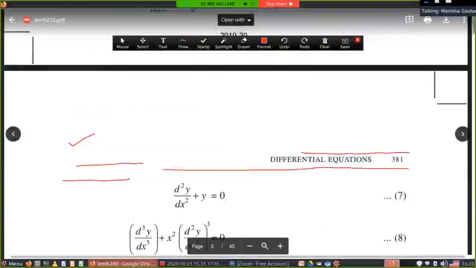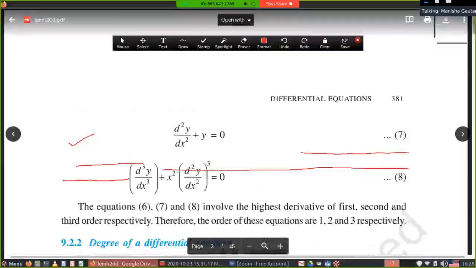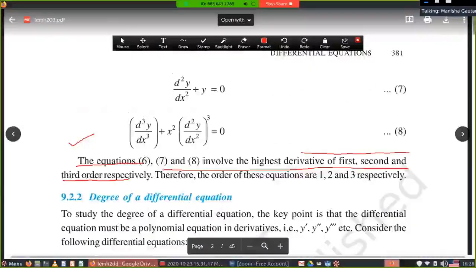And next one, in equation number 7, equation number 3, maximum derivative is 2 times, it means order is 2. Maximum derivative in this case is 3. So order will be 3 in this case.